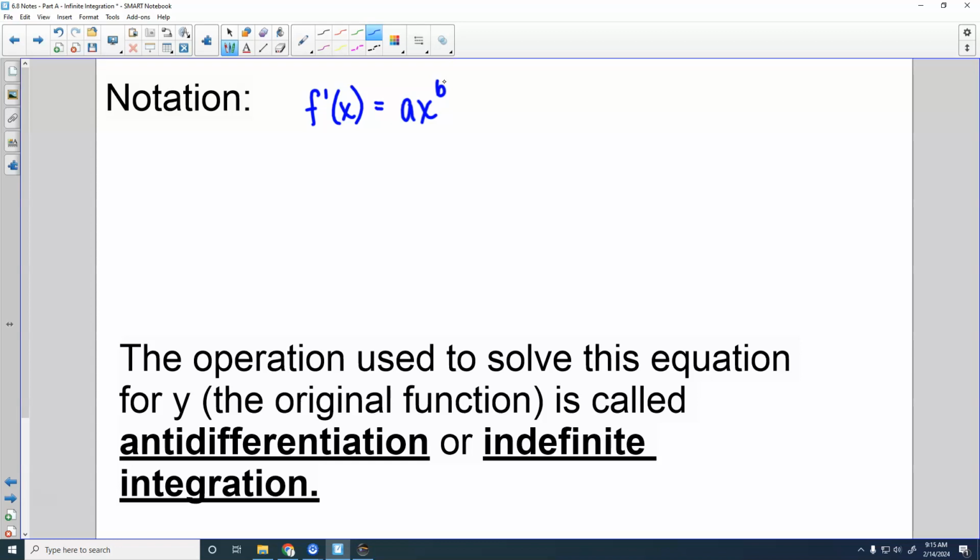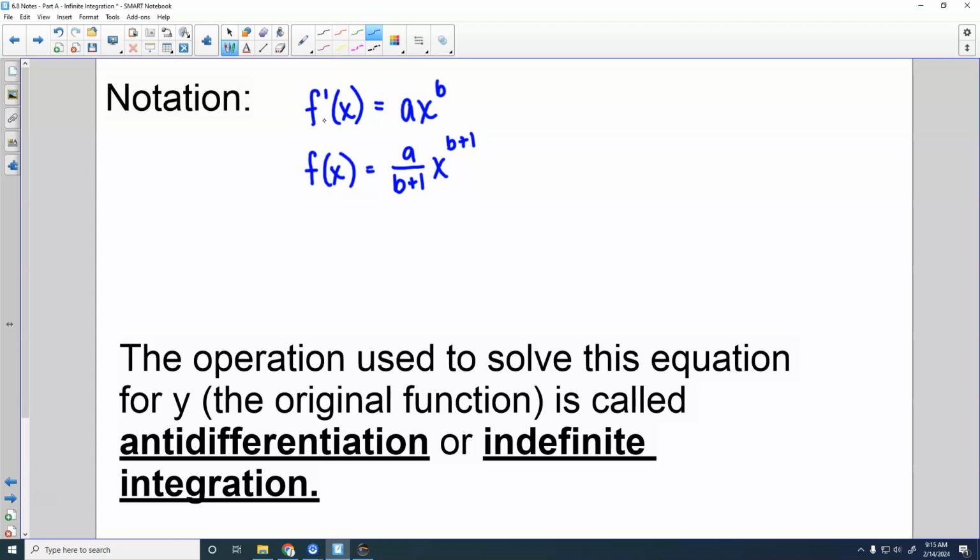We certainly will see that notation sometimes, and then we would say f of x would be x to the b plus 1, and then over here we'd have a over b plus 1. That is one way that we might see it. We also might see that same thing where maybe f is not called f prime, it's called lowercase f, and our function is called capital F.